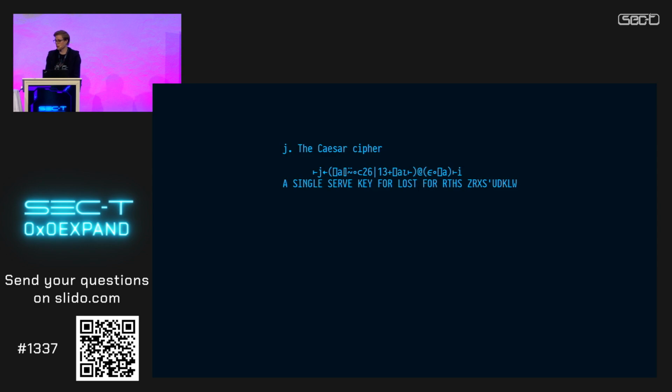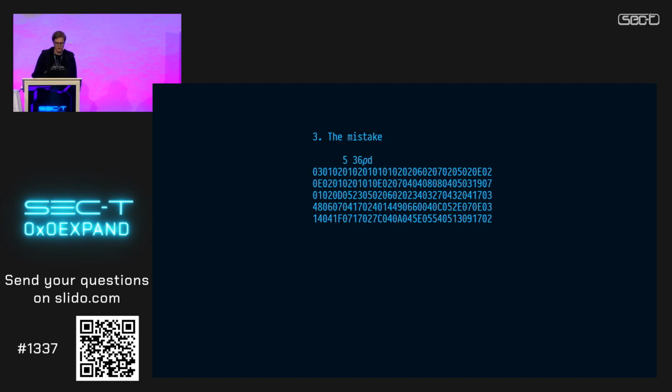He was quick to reply and said that there was indeed an unintentional mistake in the puzzle. So going back to the hexadecimal digits, there's a 14 in here somewhere. I think this one, which was supposed to be 14 decimal and not 14 hex.